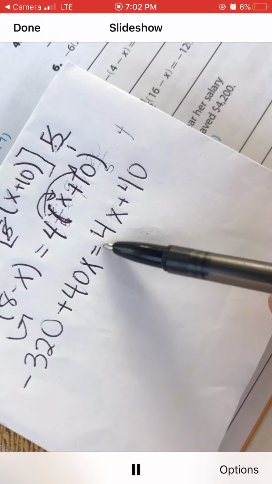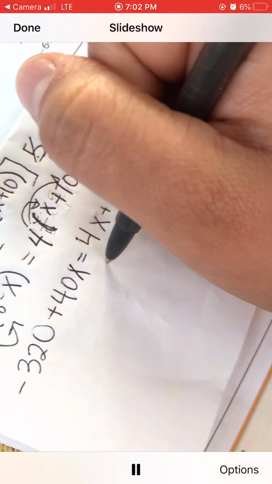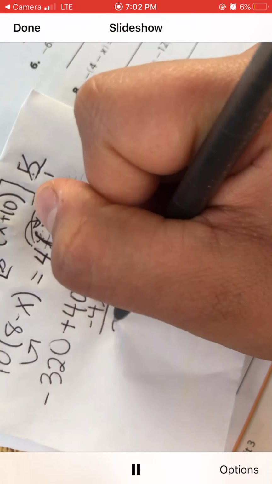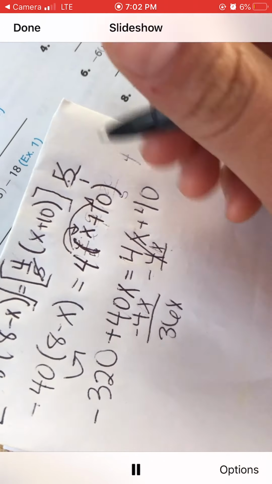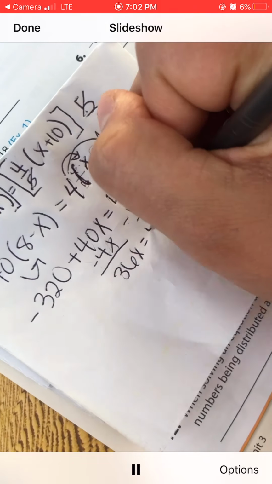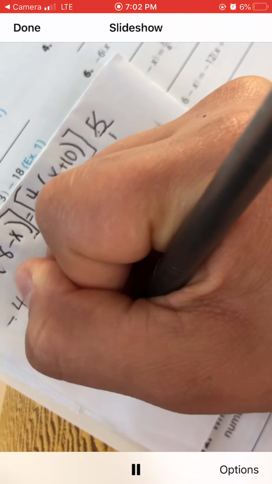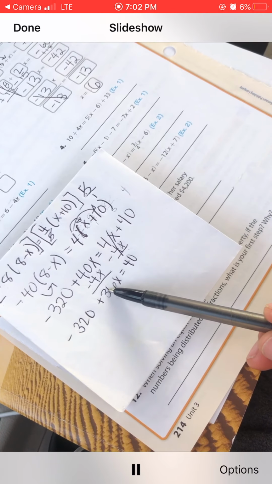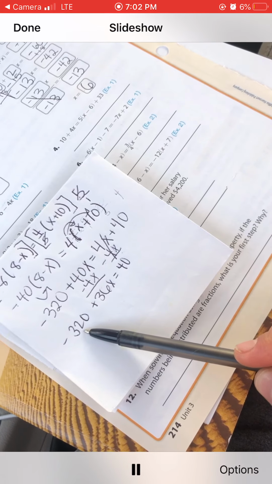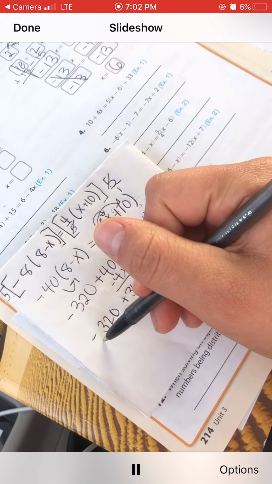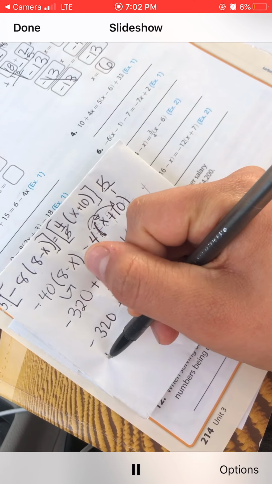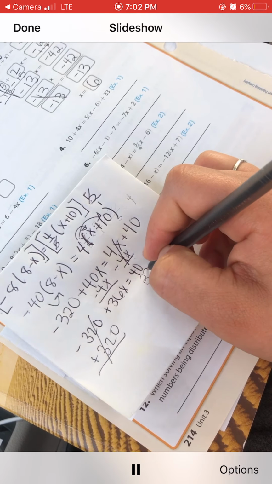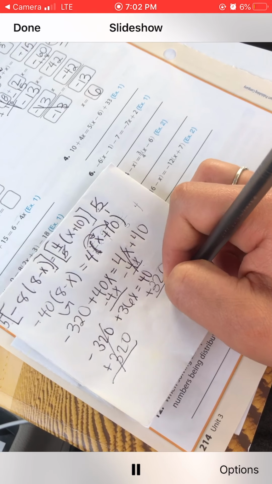So now we have the x's on both sides of the equation. And I want it on one, so I'm going to subtract 4x, giving me 36x equals 40 plus 320, that is a negative. And now I have x's all on my left, so I'm going to move my regular number constant to my right. That is a negative 320, so I will add 320, canceling it out, making this 360.